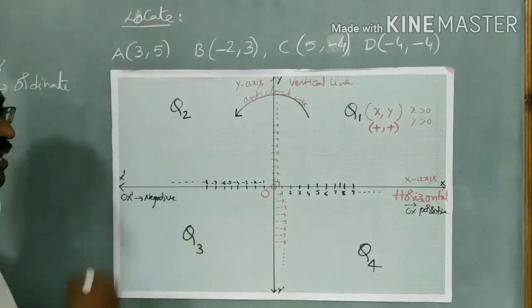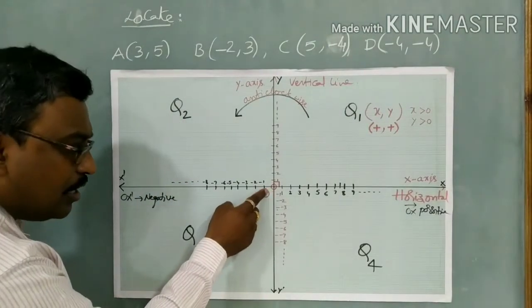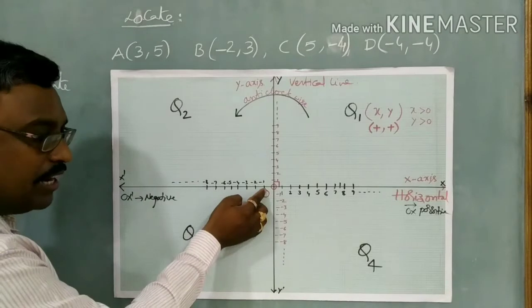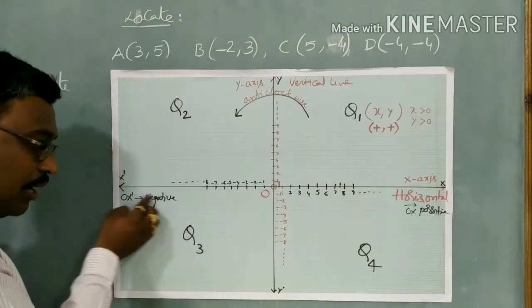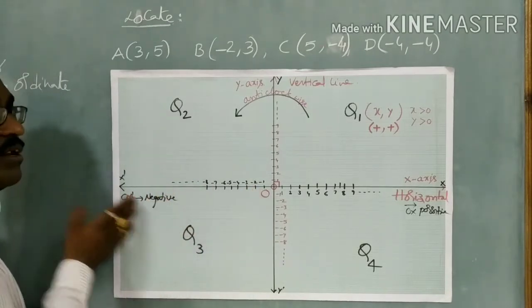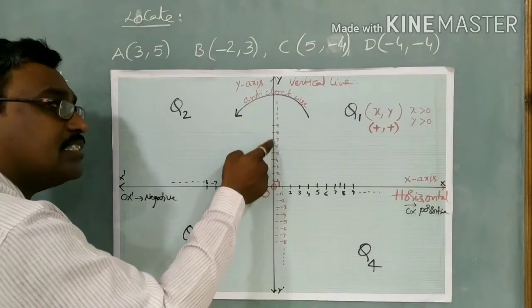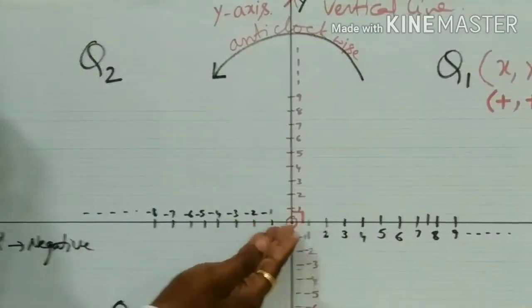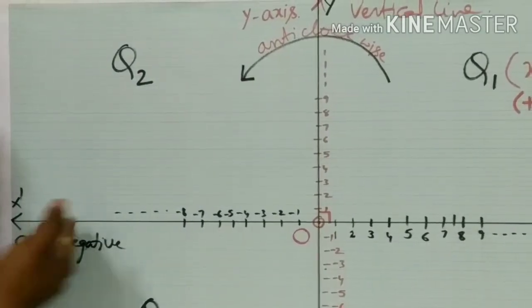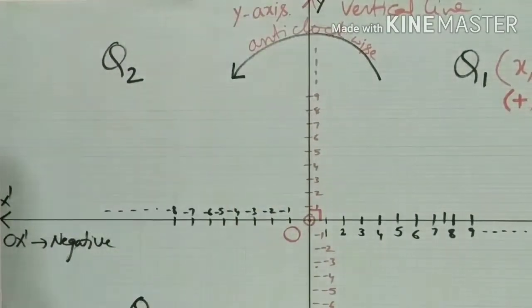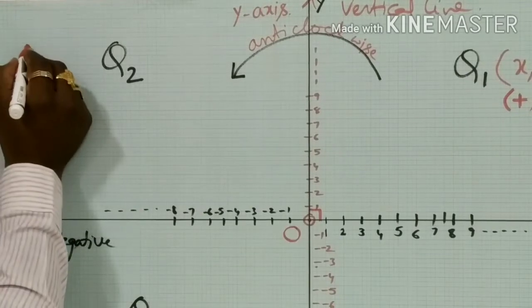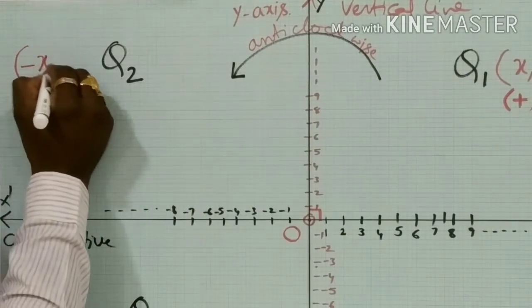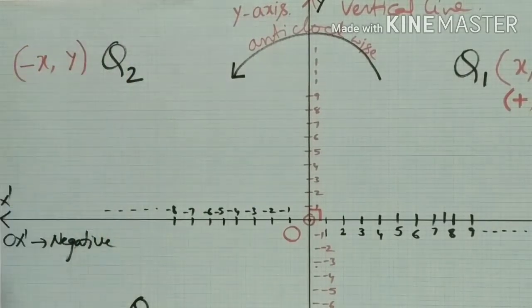Similarly, in the second quadrant, x coordinates are negative: minus 1, minus 2, minus 3, and so on. This is the negative axis. And y coordinates are positive: 1, 2, 3, 4, and so on. So x is negative and y is positive.